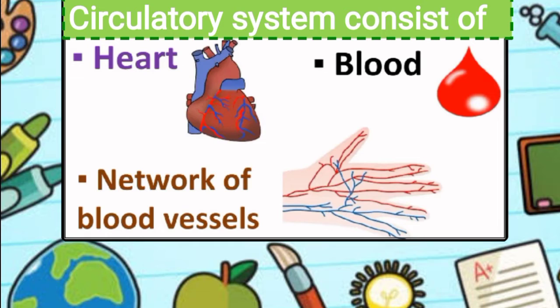And our heart is a part of the circulatory system. So, do you want to know more about the heart and circulatory system? So, let's understand heart, blood vessels and circulatory system in detail.